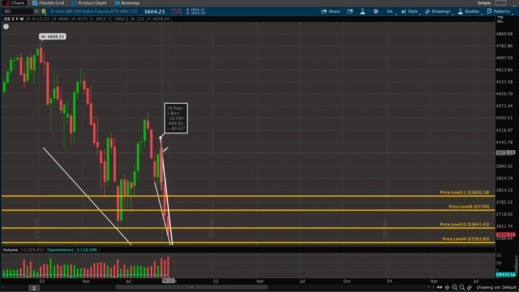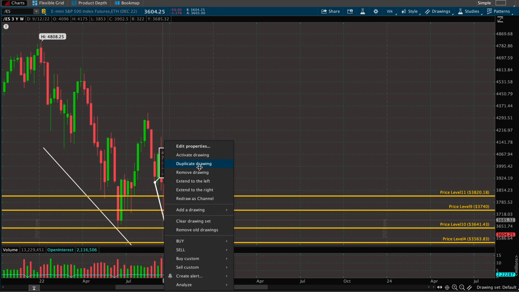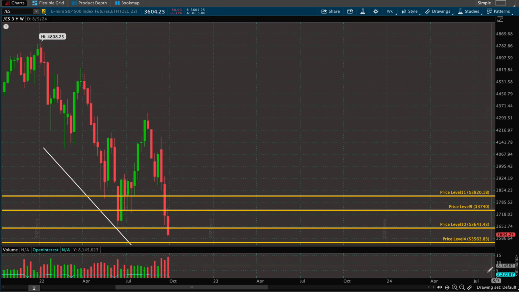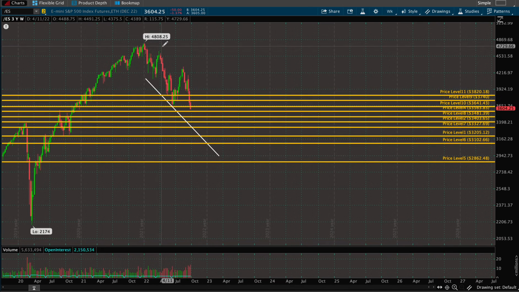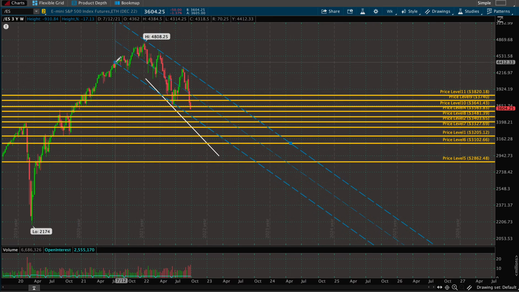We'll take that out. I would like to draw another channel here, so let me take these trend lines out. And let's look at a little bit more channel wise. So let's draw this here. That's the bigger channel, and we will just touch one of these bottoms here.